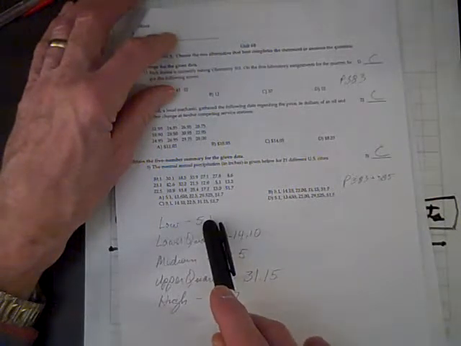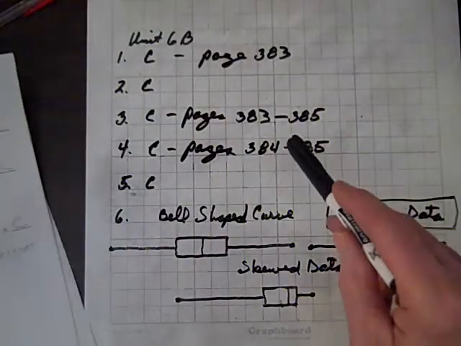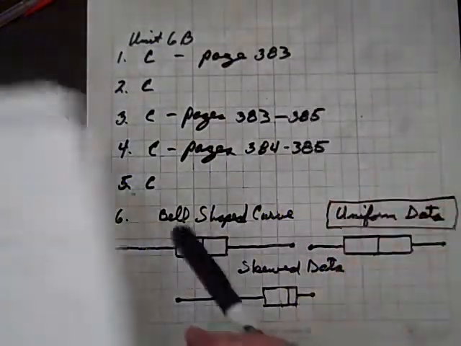In this case, for 3, the low is 5.1, the lower quartile is 4.10, the median is 22.5, the upper quartile is 31.15, and the high is 51.7. And that is answer C.